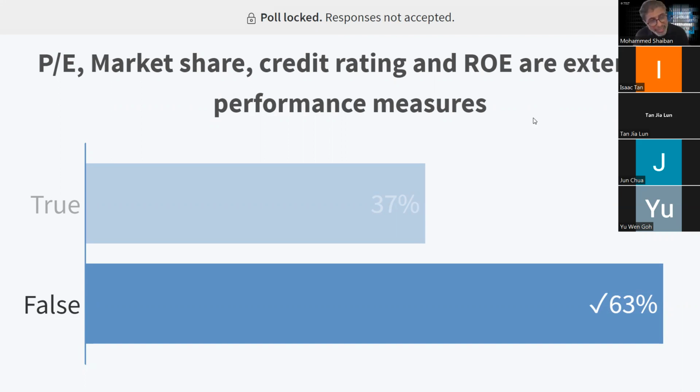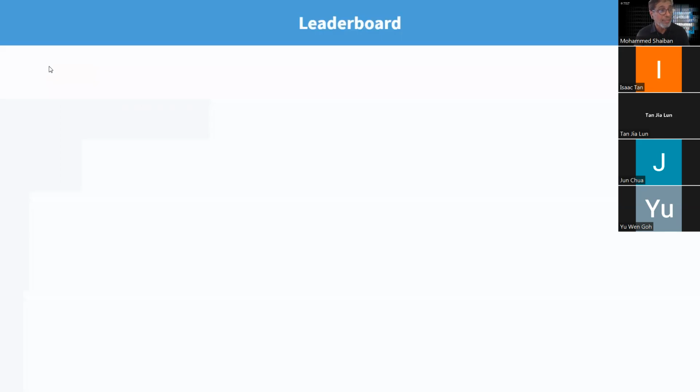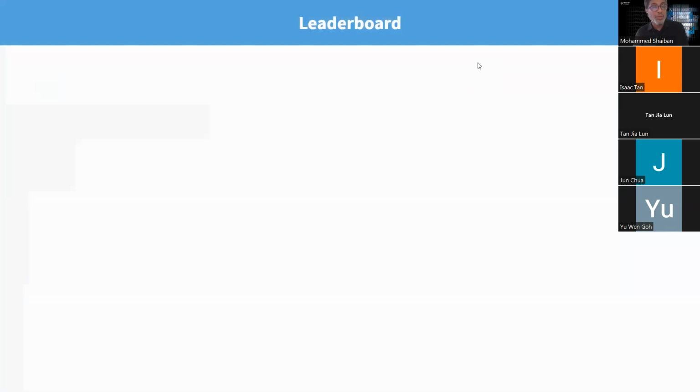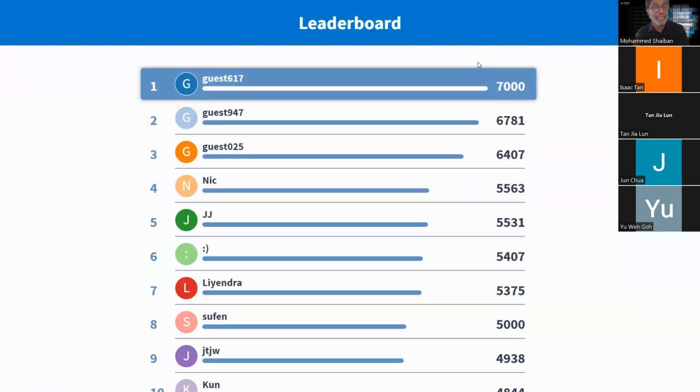Some of them are quantitative internal, some quantitative external. The PE is quantitative external. The price is external, market share external, credit rating external, ROE internal. This is just to reflect your understanding of internal and external.